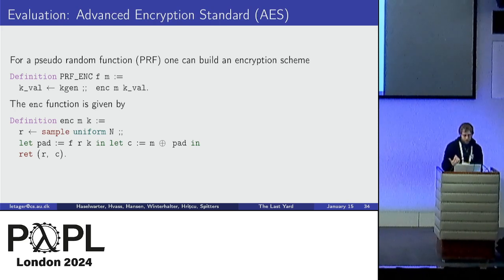This encryption function will then take the pseudo-random function and run it with some randomness, which we sample uniformly, and a key. And then we use that for padding of the message. So we basically do one-time pad again, but using the pseudo-random function.